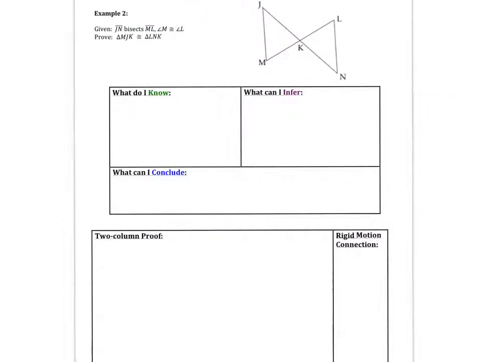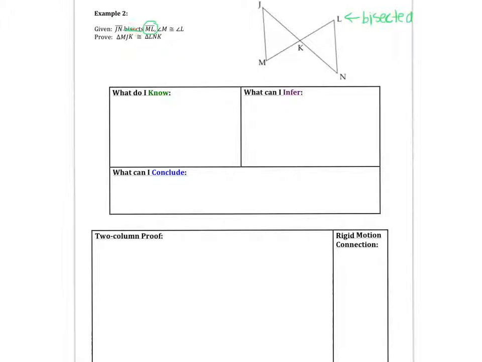Alright, again, I'm going to go through those same questions. Example 2, what do I know? Alright, well, I know that JN bisects ML, and I know that angle M is congruent to angle L. So JN bisects ML. So this is the segment right here that is being bisected. And this is really important. You might get confused on this.